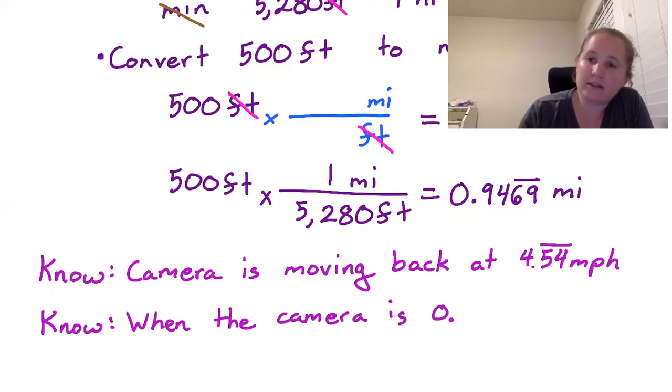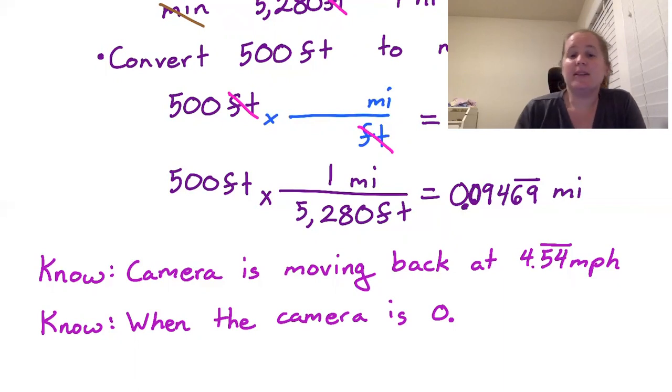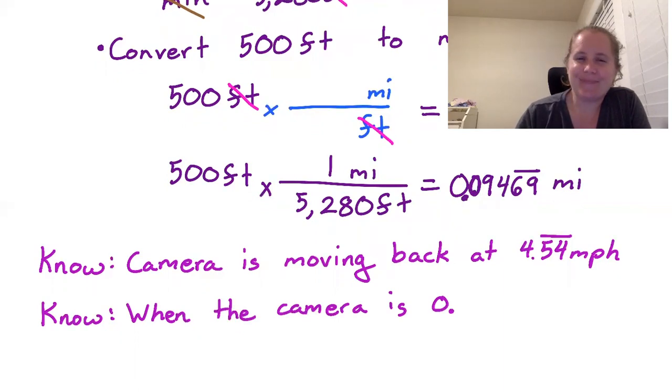Oh, sorry, I lost a 0. This should be 0.09469 repeating. 500 divided by 5,000 should be only a 10th, right?